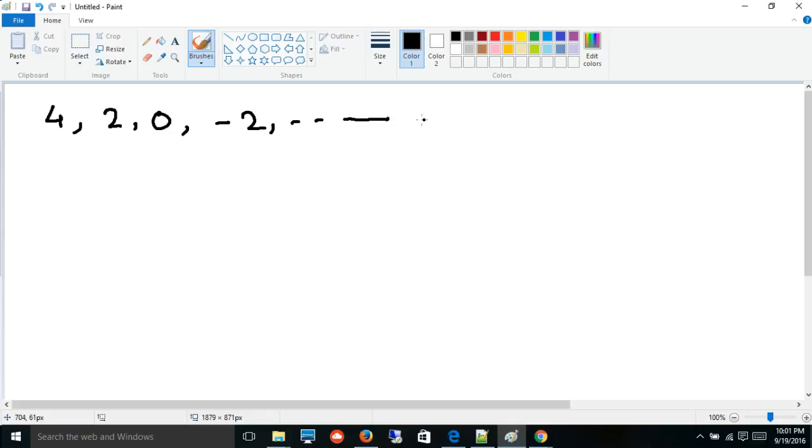And it is asking to find the value of S20. So this is the question. We have an AP series and it is looking for the sum of the 20th element. So again the same thing. First of all we have to figure out the value of A. The value of A is 4.